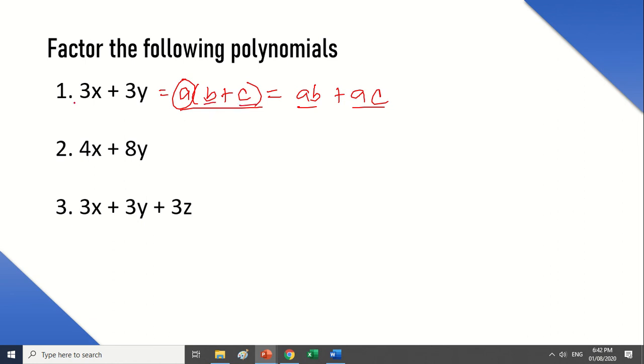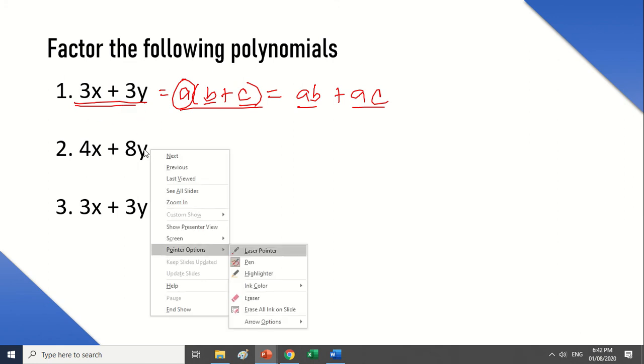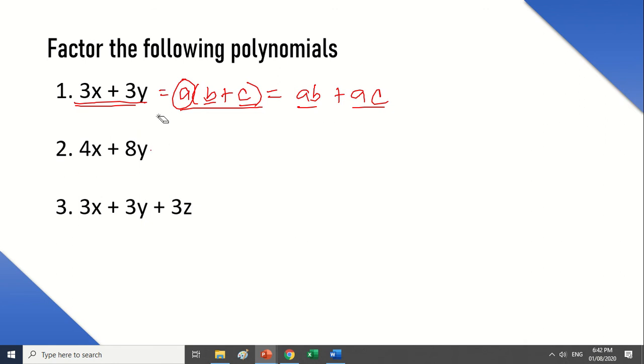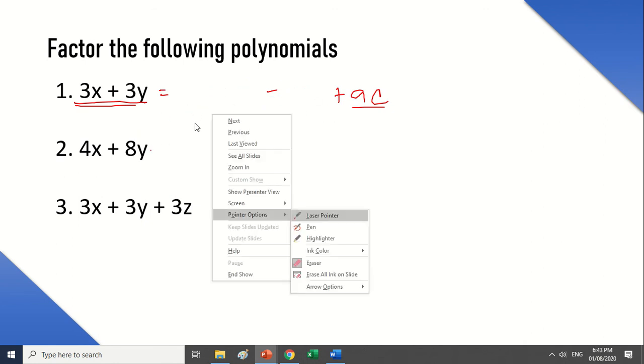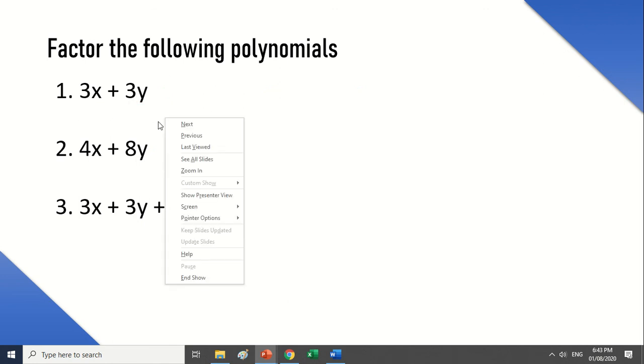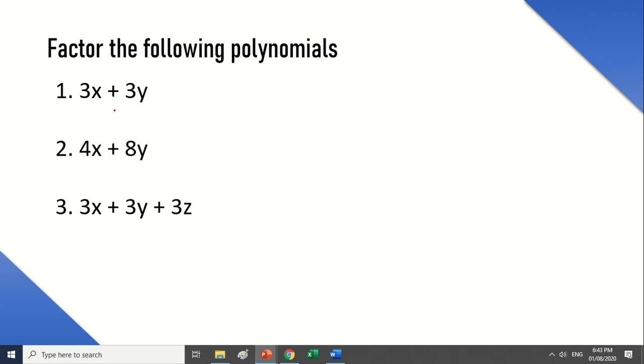So from this question, 3x and 3y. For 3x and 3y, what do you think is the common factor? Okay, so the common factor here is 3.